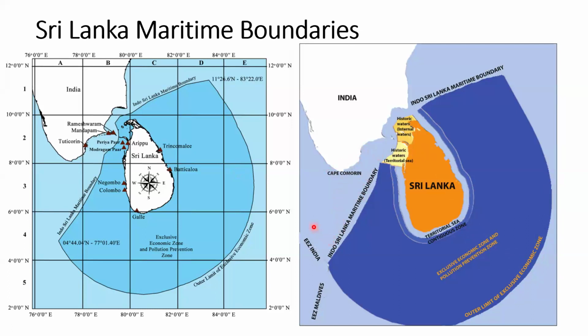This EEZ belongs to India, this EEZ belongs to the Maldives. There are other sovereign nations on the northern side and the western side as well. On the eastern and southern sides, Sri Lanka has the maximum benefit of getting the exclusive economic zone.